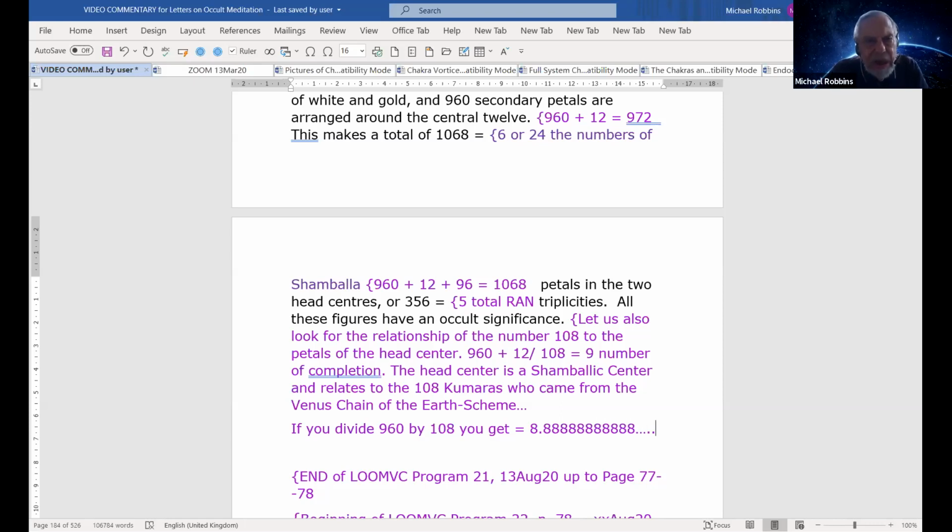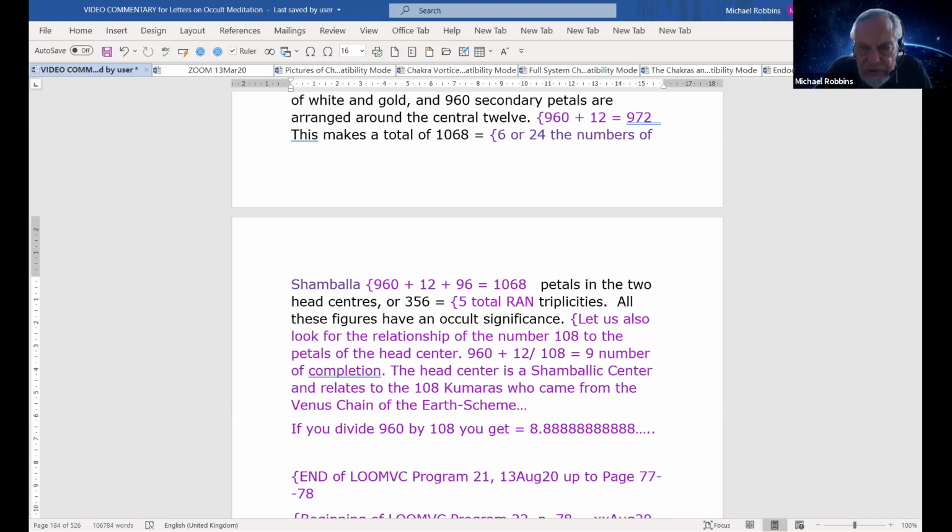All these eights, and we have to consider how the petals are arranged, again, in these figure eights, one loop on either side.